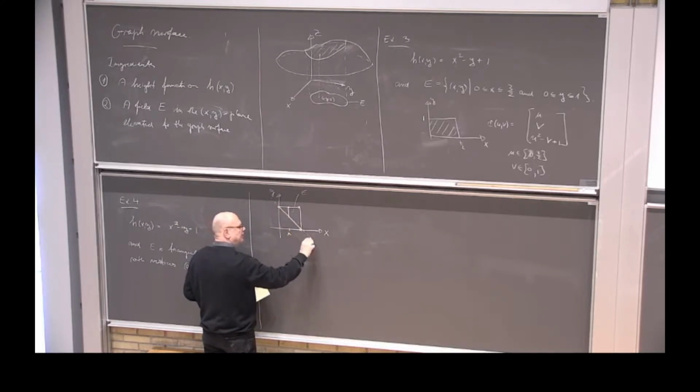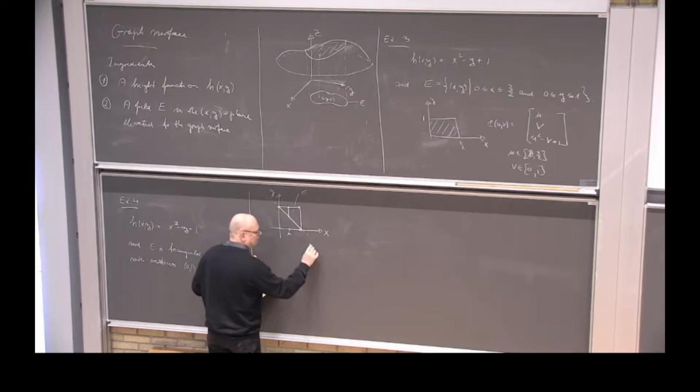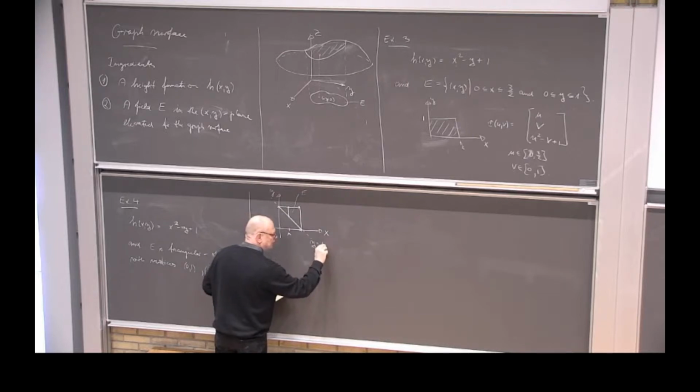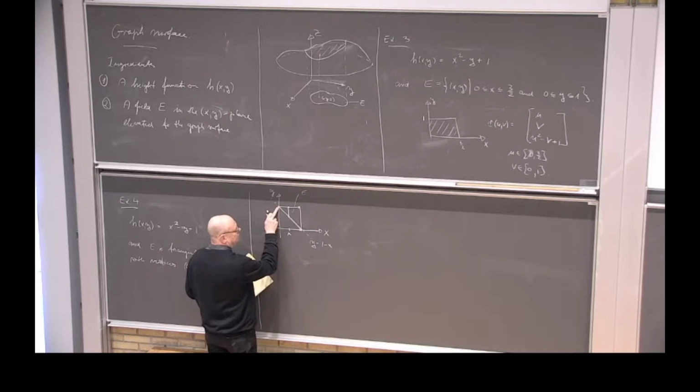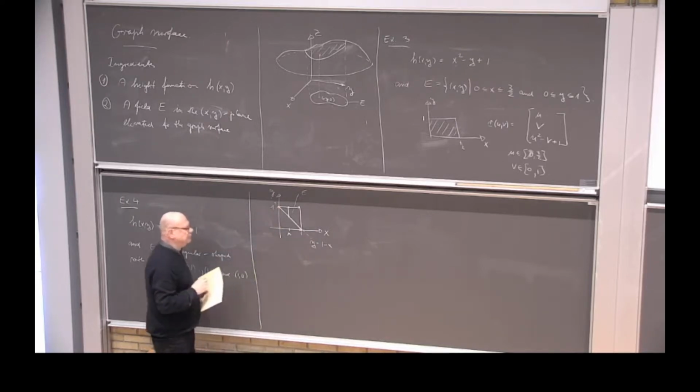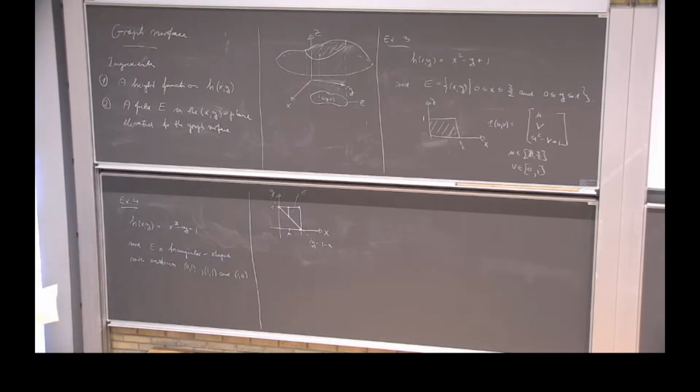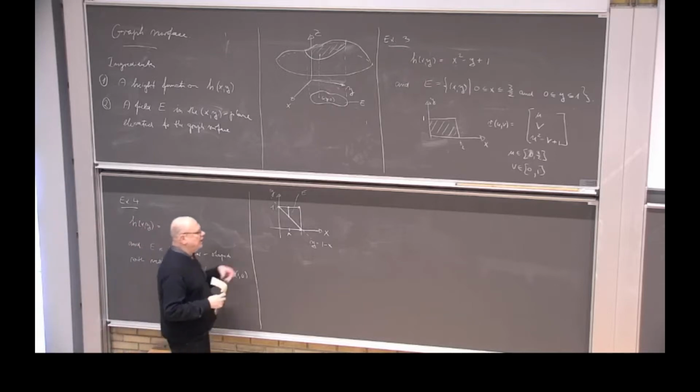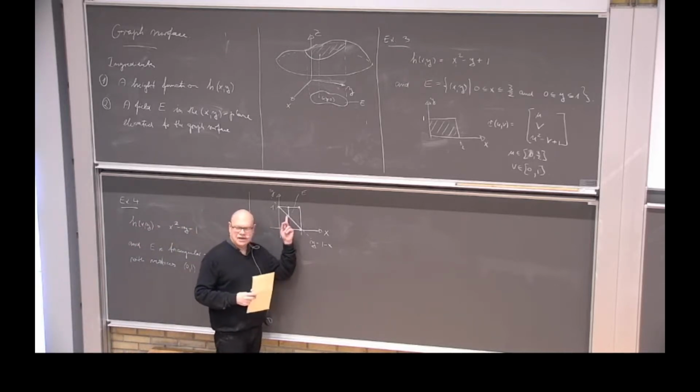The equation for that line is y is equal to 1 minus x. The slope is minus 1, and it goes through 1 here. So whenever you are going to parameterize such a line segment here, you need the starting point and you need the end point.